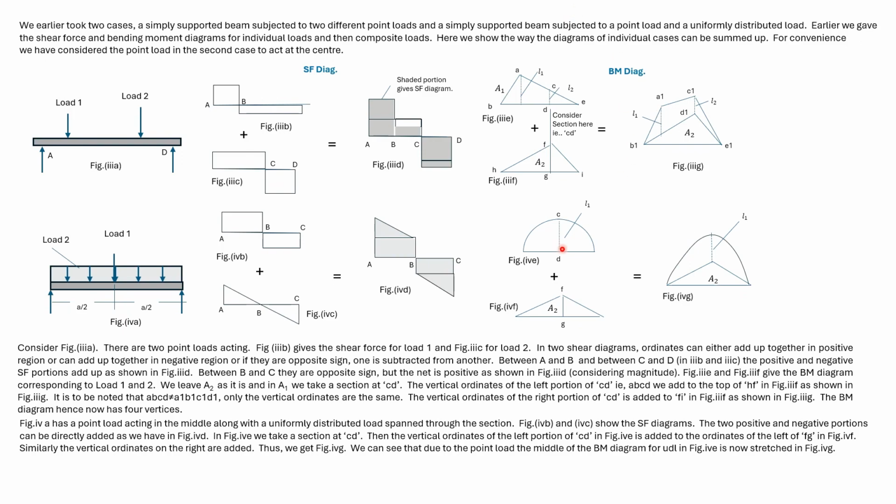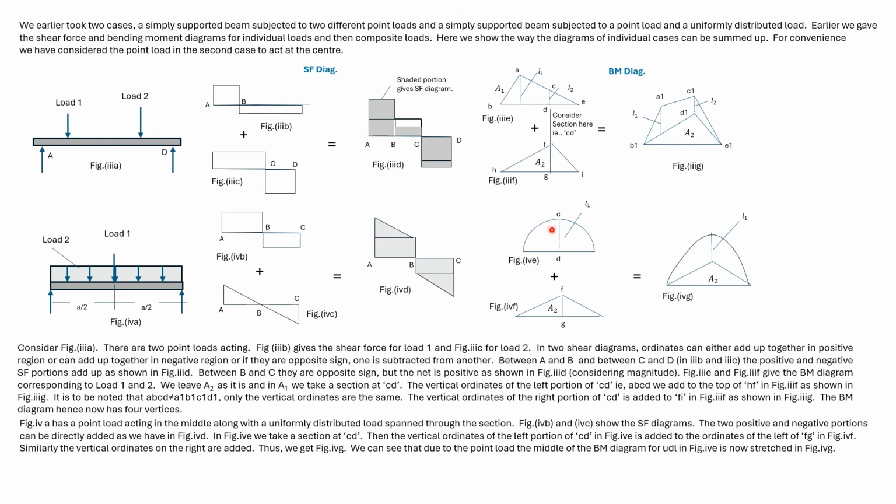This is the bending moment diagram for the UDL, and this is the bending moment diagram of the point load. Here again we leave the second bending moment diagram as it is. We take a section CD in this diagram aligned with the maximum moment in the second diagram.